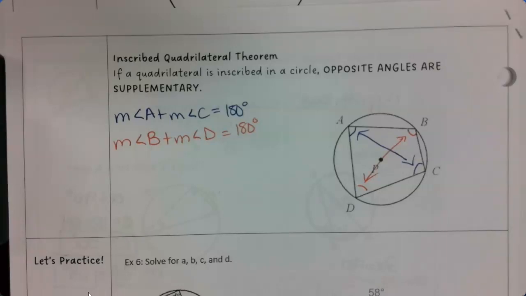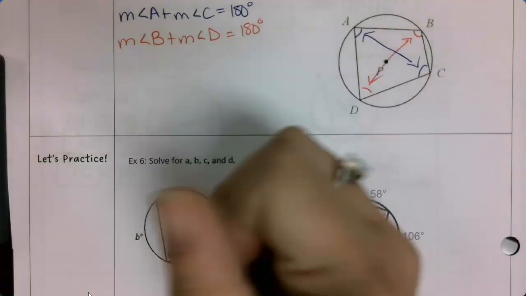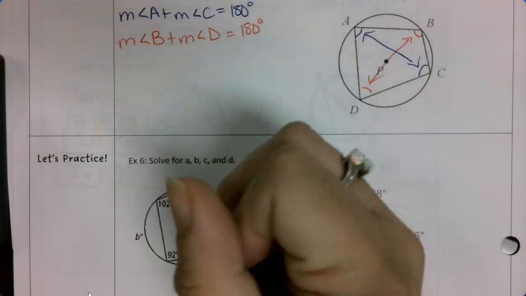Okay, so down below I want to go ahead and solve for A, B, C, and D. Let's see. So let's start off with C and D since they're on the inside.